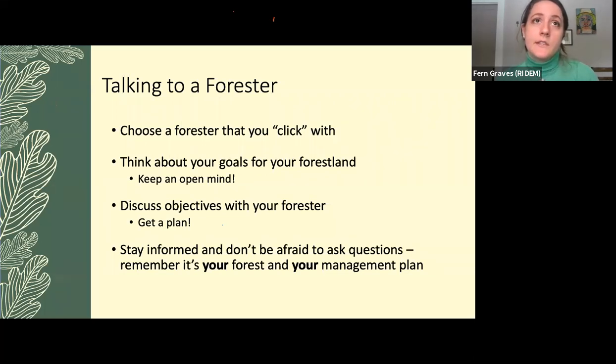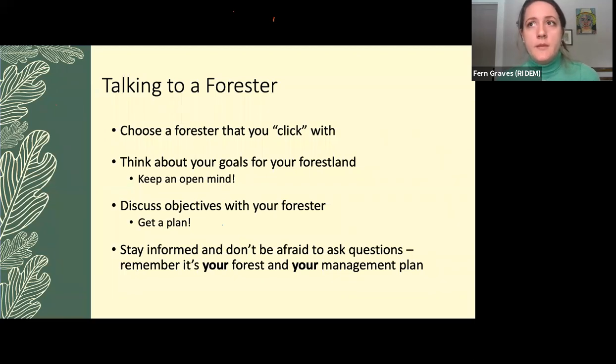And there's a myriad of other goals you can have: water quality protection, climate change, forest health, aesthetics. Some people just like the way it looks, and recreation is really big. None of these are exclusive of the other. So you can have several different goals, and it's likely that you can manage for all of those things.